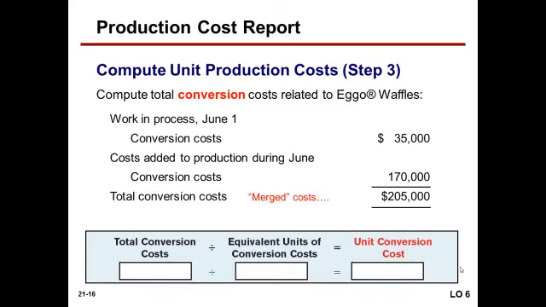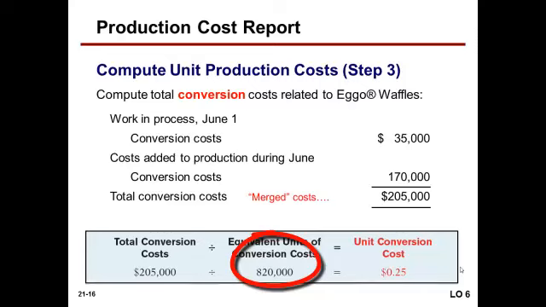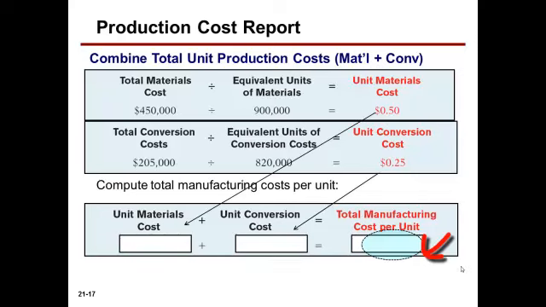And then we'll use that total conversion cost merged number divided by the EU calculation from step 2, 820,000 units, to develop our unit cost for conversion costing purposes, or 25 cents for each EU unit. It's also useful to simply add together the material and conversion unit costs to obtain the total manufacturing cost per unit of 75 cents.